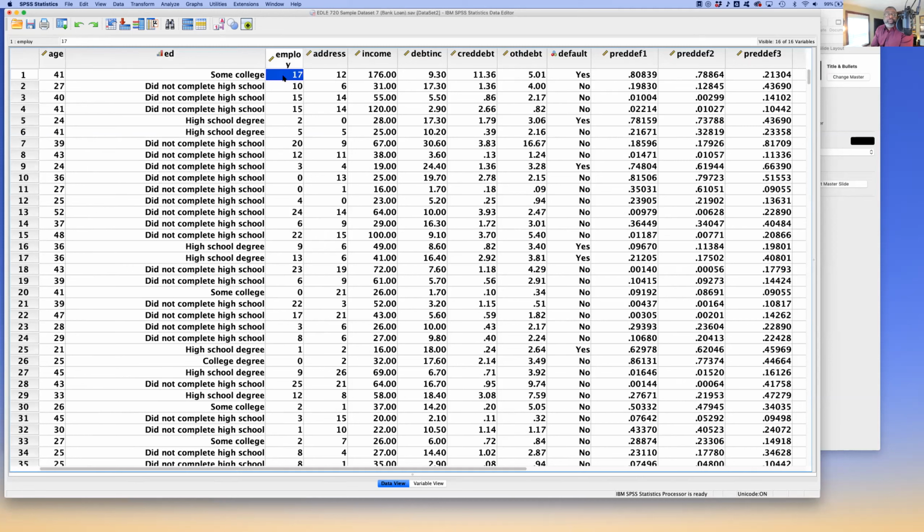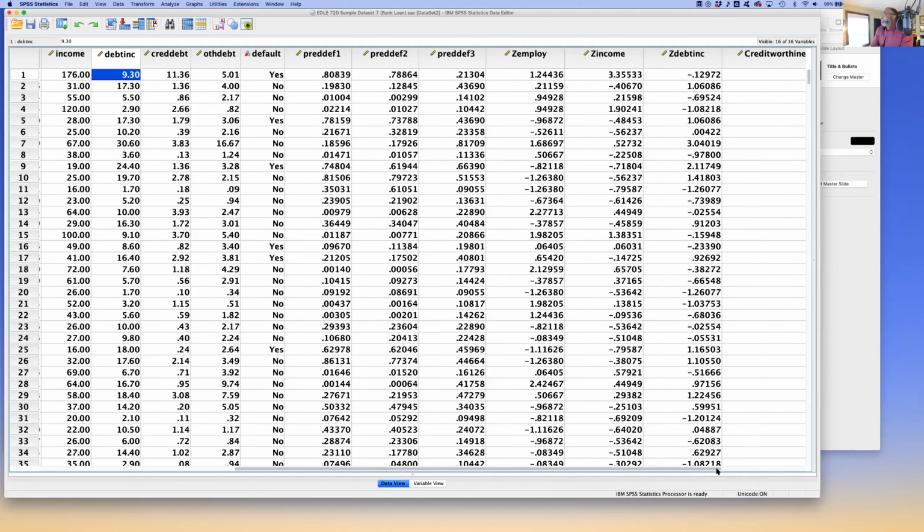They have been employed with their employer for how many years? 17. All right. Their income is what? 176,000. And their debt to income ratio is what? 9.3. 9.3 thousand, or I guess 9,000. It's pretty good. It's not that high.